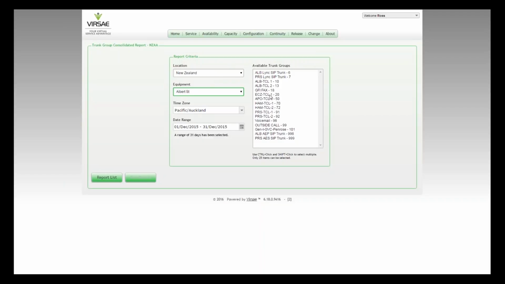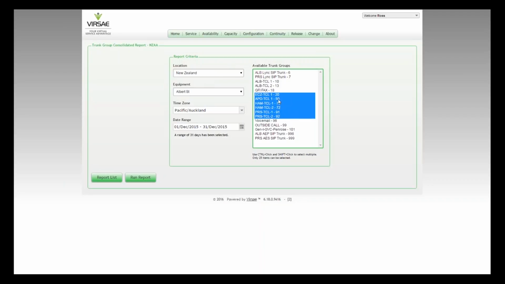So if we were to model this customer combining all of these trunk groups, they've got a site there called Econs, Apollo, Hamilton, two trunk groups there, and two trunk groups at Penrose. So if I shift click here, we'll select that whole group.